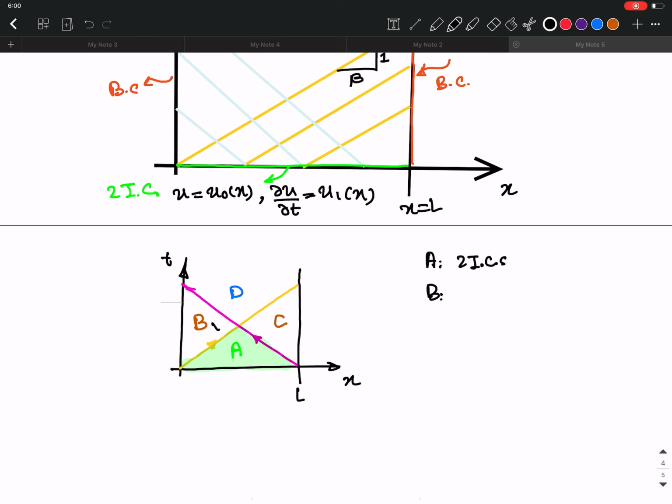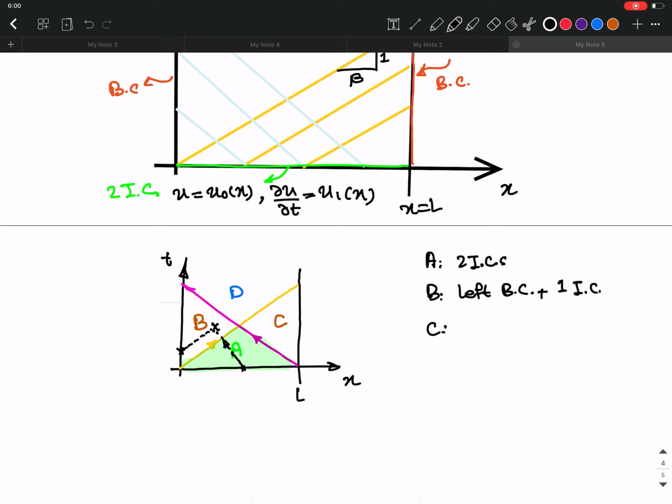Here, for example, if you are at a point here and you continue the characteristics, you're going to get something like this, right? So you will need one initial condition from here and one left boundary condition from here. So you need left boundary condition plus one initial condition.